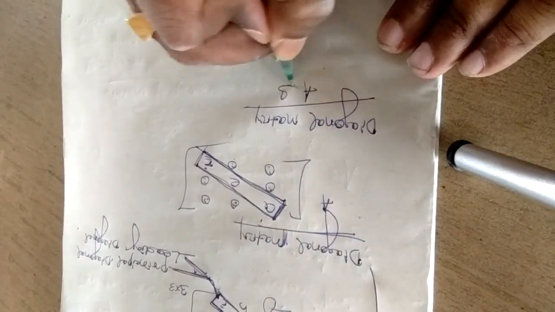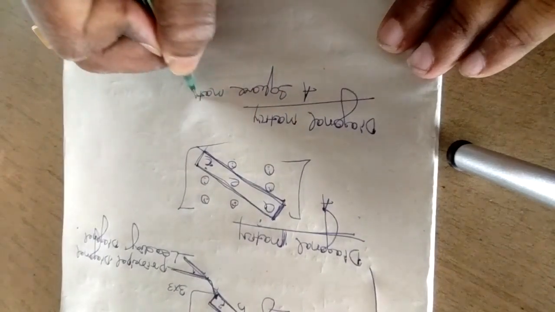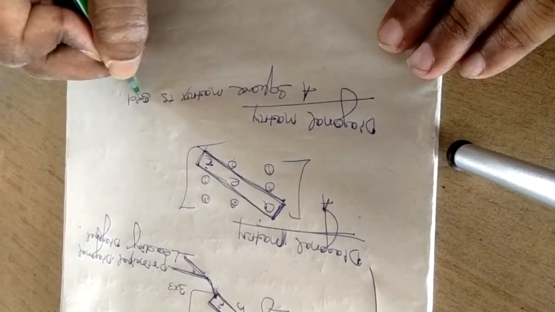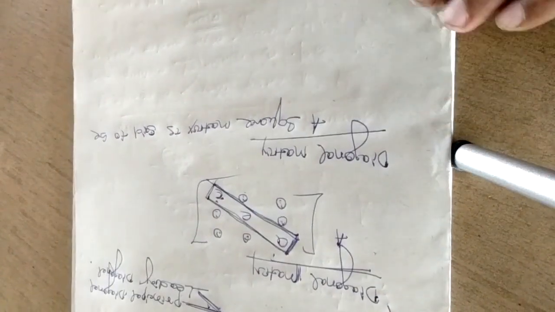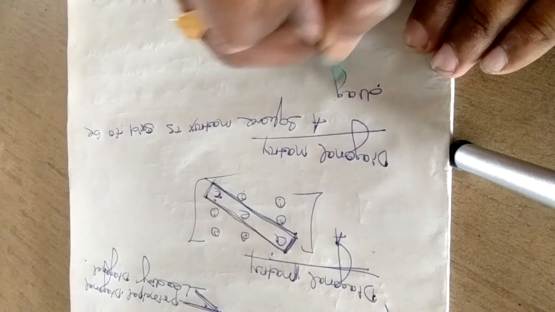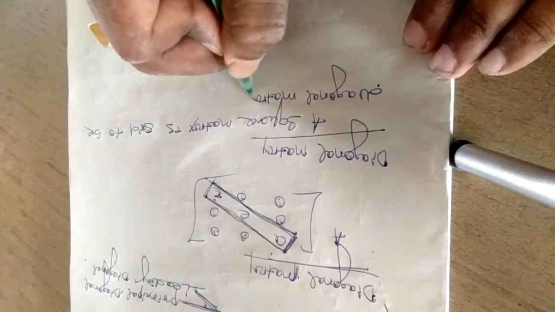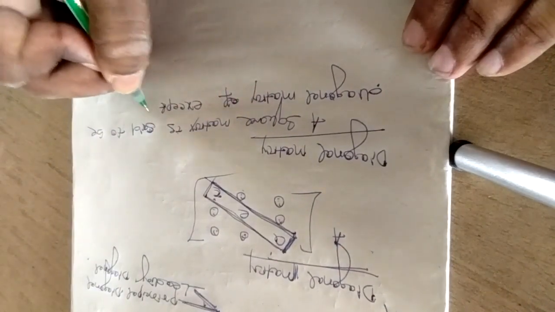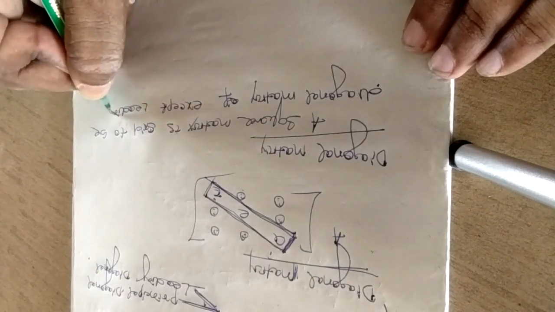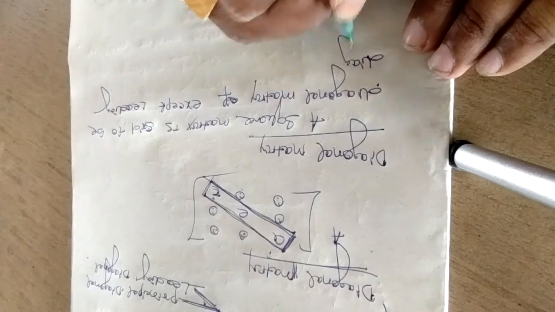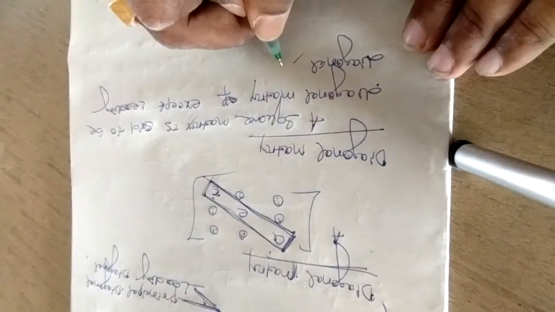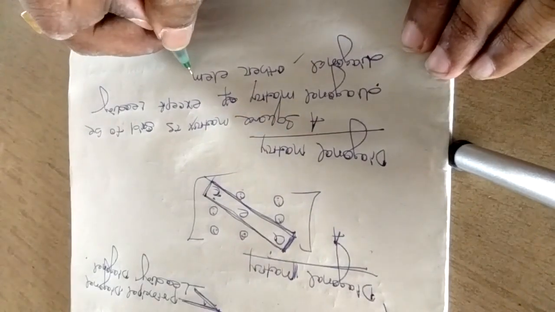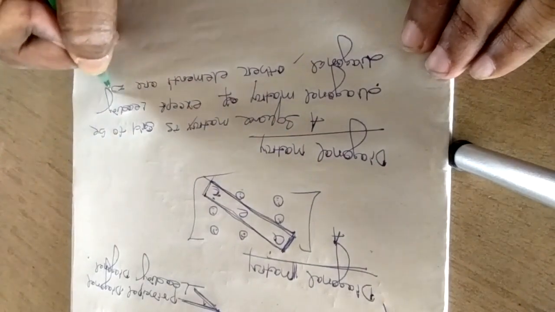A square matrix is said to be a diagonal matrix if except leading diagonal, other elements are zero.